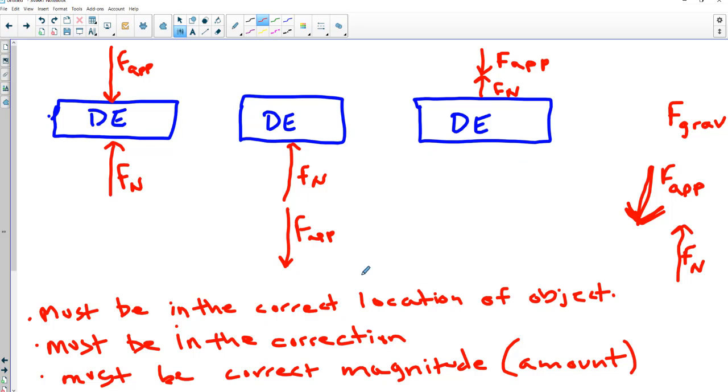Why are they correct? Well, let's go look at my three rules. It must be in the correct location of the object. It's going to be the middle of the object. The centroid is where the force is happening here with gravity. So the center of the object, check. Oh, I think I messed this up.